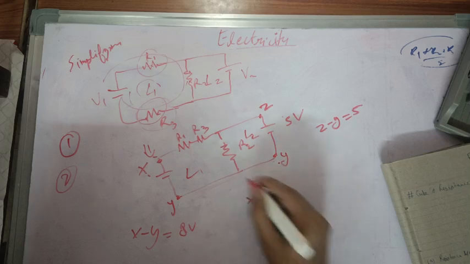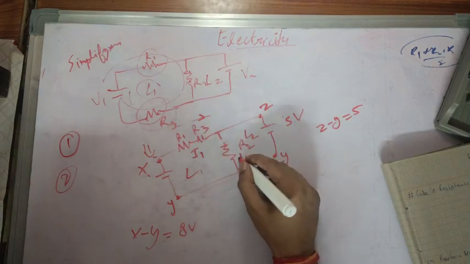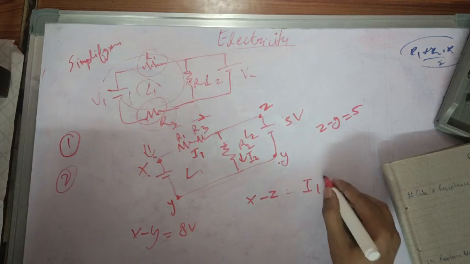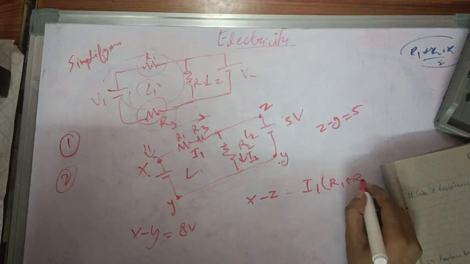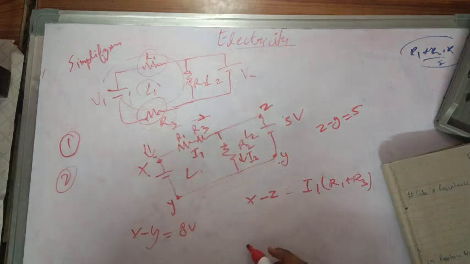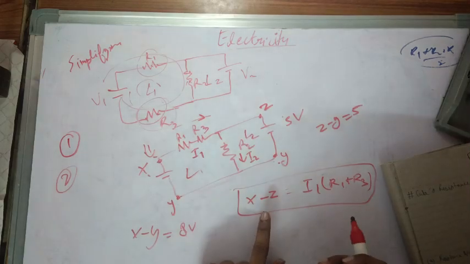Let's say the current through this is I1, through this it is I2. Then I1 times (R1 plus R3) would be equal to the potential difference X minus Z.